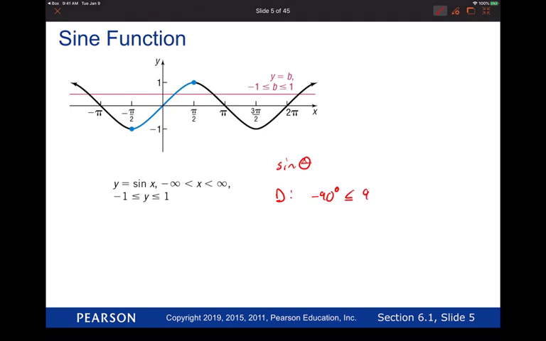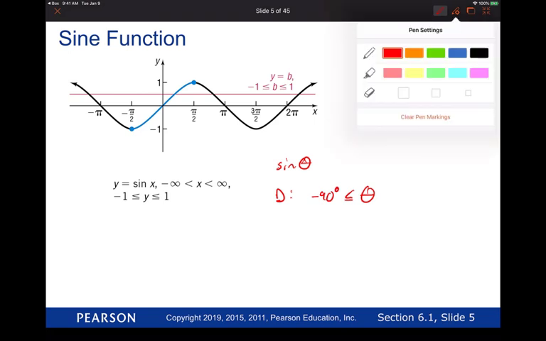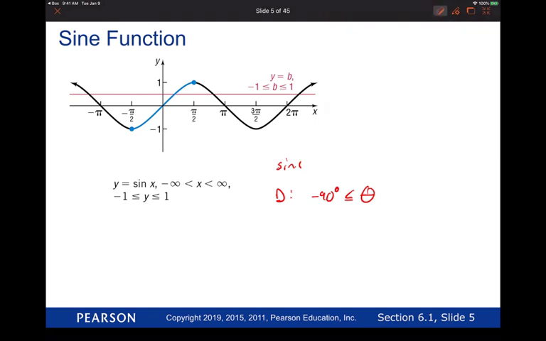Actually, let me be more consistent with their notation. Instead of theta, I'm going to use x. So when we consider sine of x, we're going to restrict x from negative 90 to 90, and the range, we said, goes from negative 1 to 1.